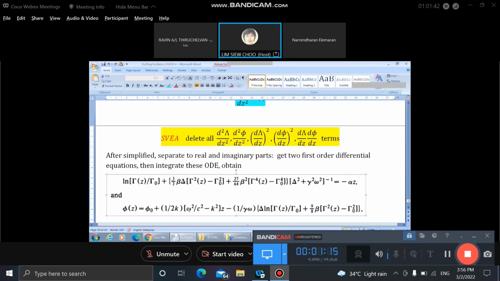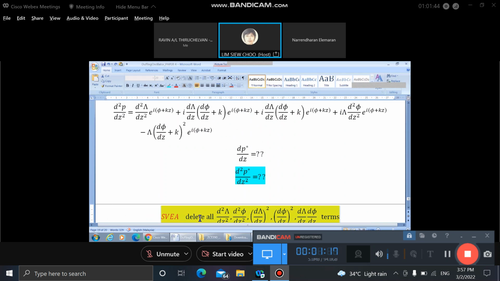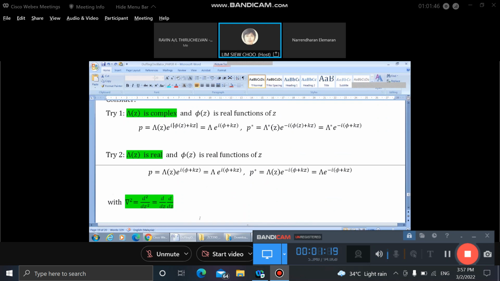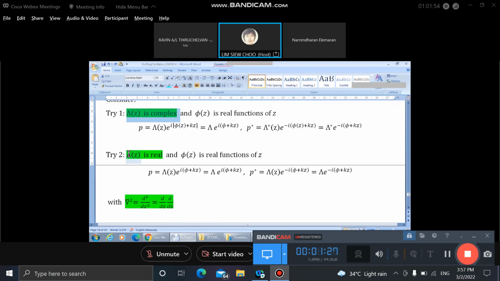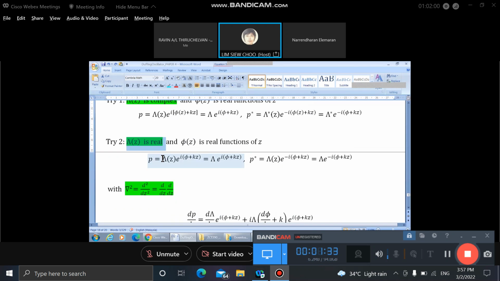Okay, because of the separation into two parts, I think you should not try lambda as complex first. You try lambda z as real first, right? If the amplitude of P here is real, then the conjugate, P star, is also real.